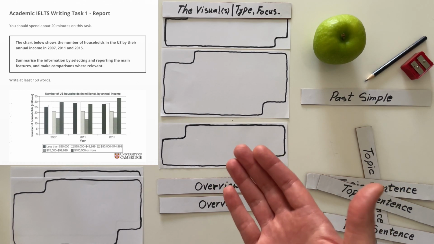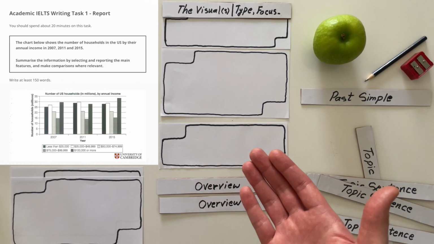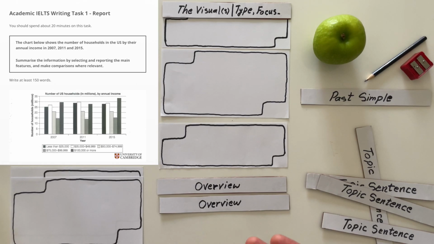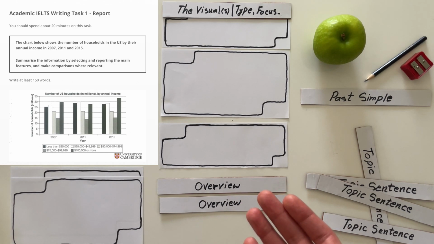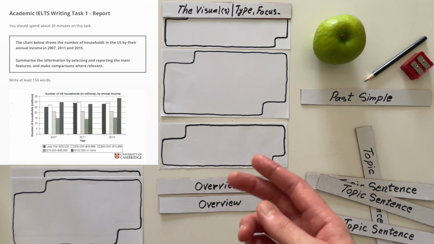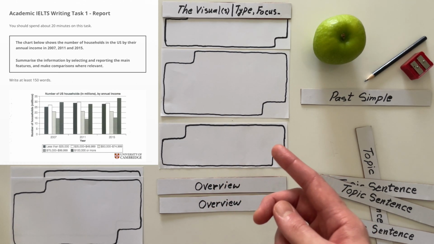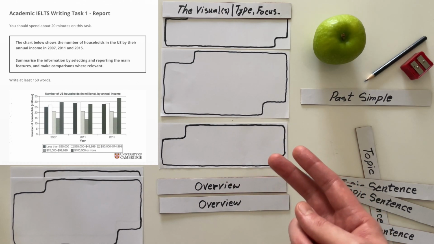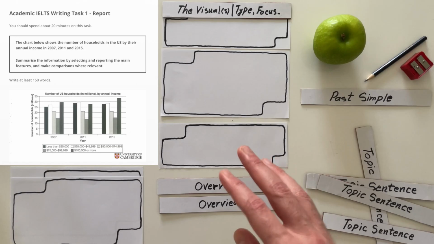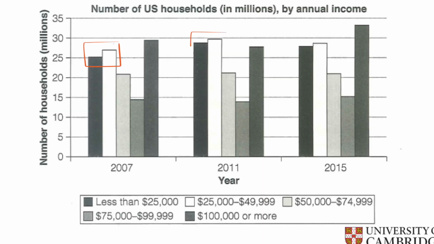The lowest one, which is 75 grand to just below 100, was always the lowest. I can talk about the less than 25, and the one next to it, 25 until 50. Those two remained relatively similar in comparison to each other.